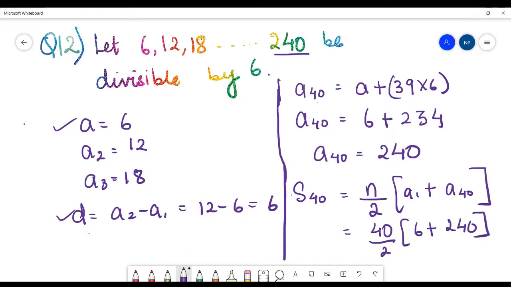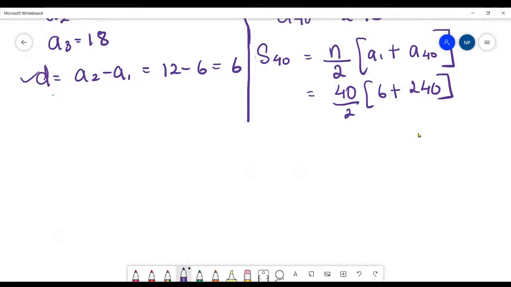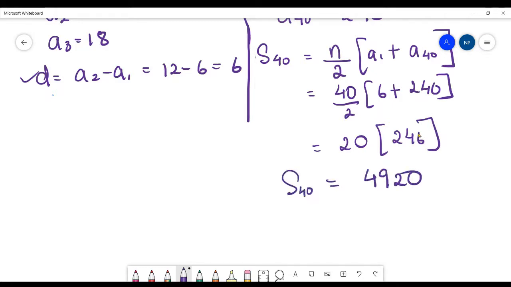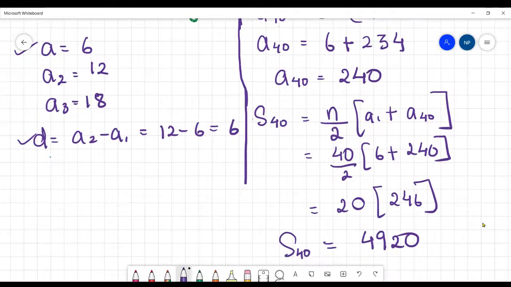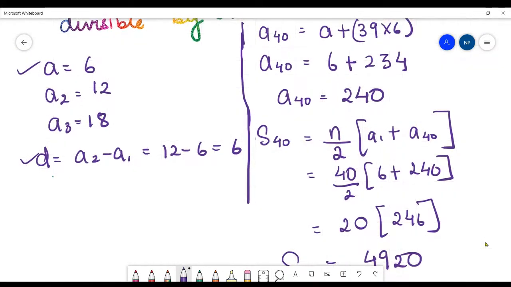And then after this we can write out the second one, simplifying 20 into 6 plus 240, we will get the answer as 246, which is equal to 4920. That means the sum of the first 40 terms of this particular AP is 4920. This is your complete solution.